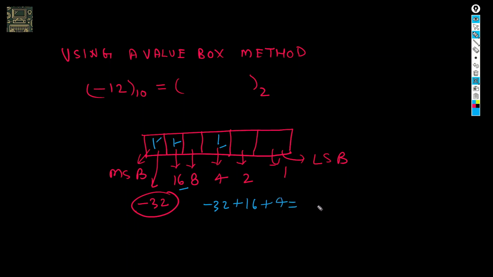So I will get minus 32 plus 20, which is nothing but minus 12. The rest of the bits will have the weightage 0. So the representation of minus 12 will be 110100. Using this method we can directly represent any number using the value box method.